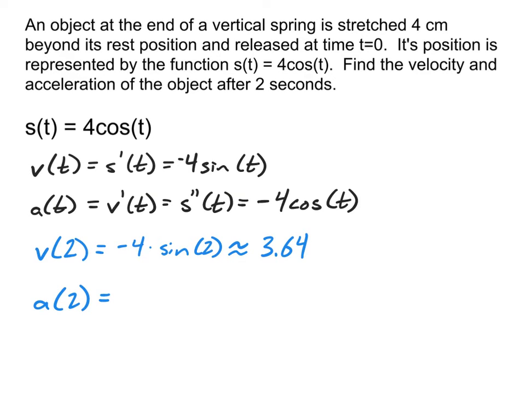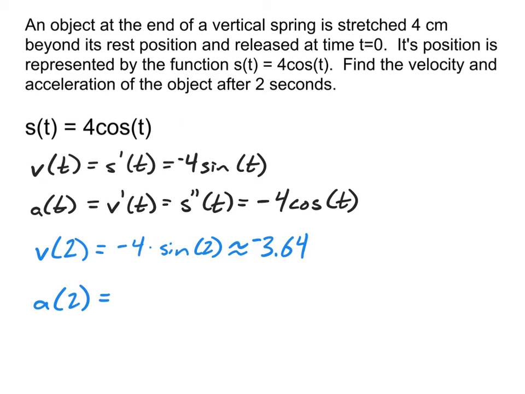So that's going to be negative 3.64. What are our units on this answer? Oh yes, negative, thank you, forgot to write that in there. What would our units be here? Well, we started with s of t, right? What's the units on s of t? Our position? Yep, that's the centimeters up here.